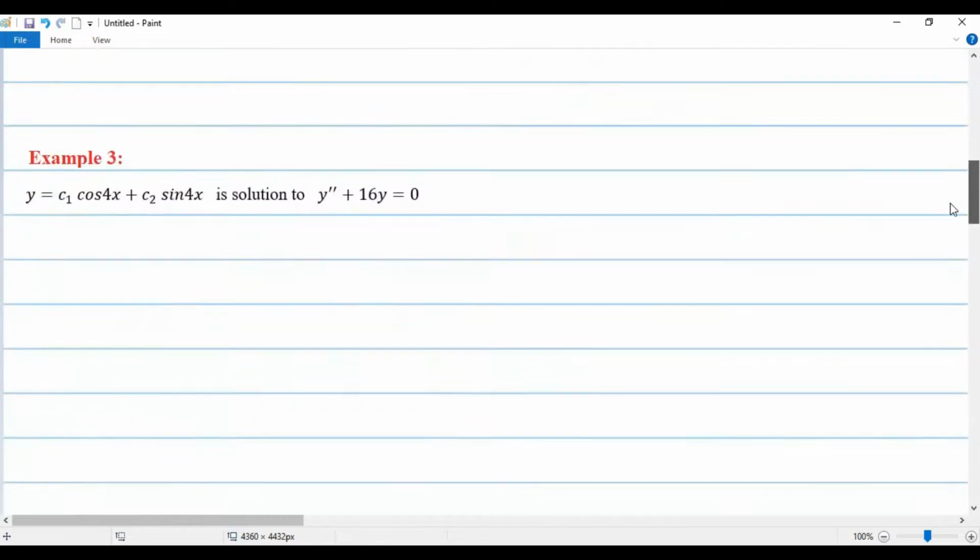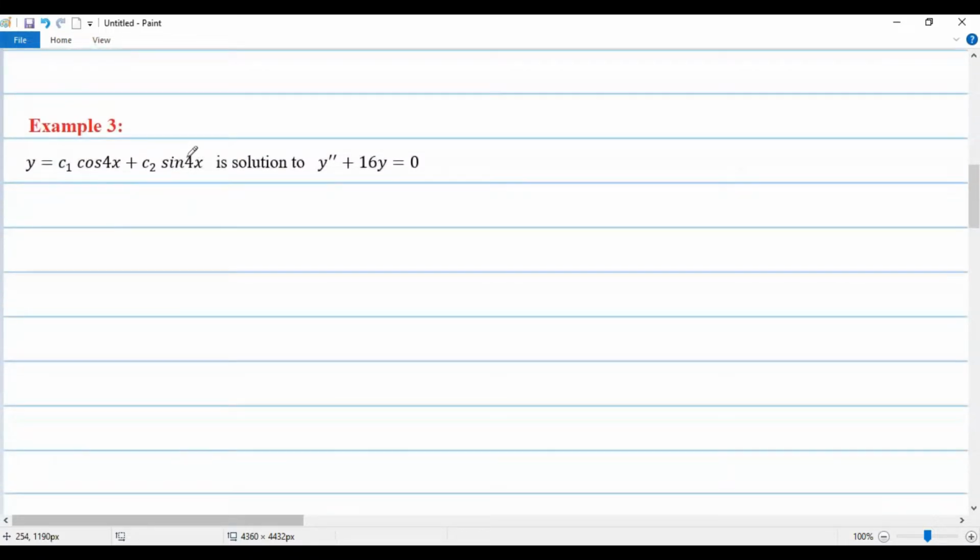Now, another example. I want to show that y equals c1 cosine 4x plus c2 sine 4x is a solution to this differential equation. Again, we need y double prime. This is the y first. What is y prime?